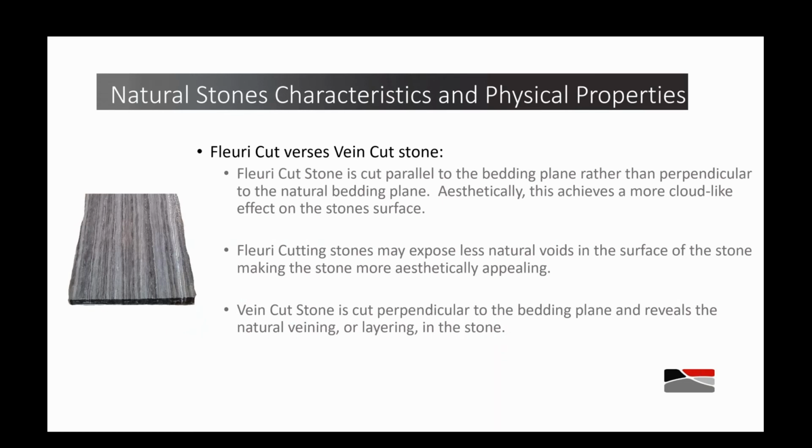Some attention should also be given to the cut of the stone. Interesting thing is that the way you actually cut a stone can affect its performance and its characteristics. There are 2 main cuts: the flurry cut versus the vein cut.